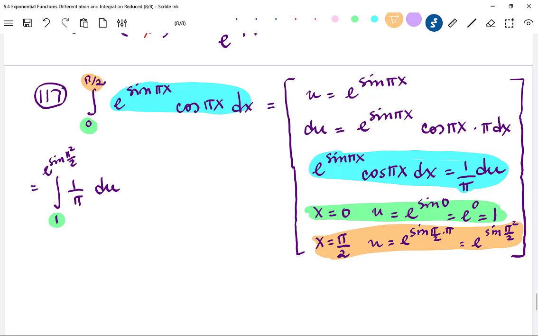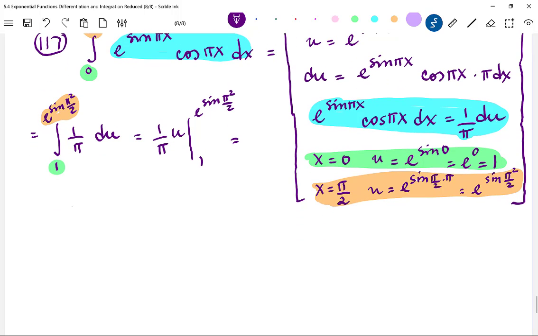So that's my upper boundary. Alright, so the answer is 1 over pi u, evaluated between 1 and e to the power of sine pi squared over 2. Well, my final answer is going to be 1 over pi times e to the sine of pi squared over 2 minus 1. So that's my final answer.